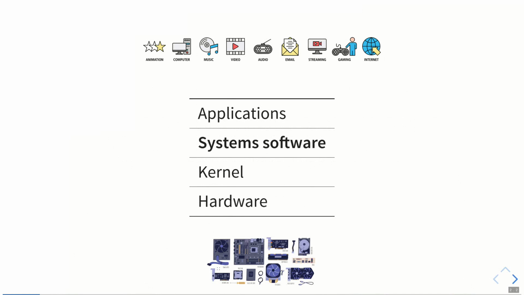Yeah? Where does the BIOS fit? Is it system software or is it more kernel? That's a good question. So the BIOS is kind of like a built-in kernel of sorts. Actually, nowadays with EFI, the modern BIOS, I guess you still call it a BIOS, is very fully featured. It's almost like its own kernel.